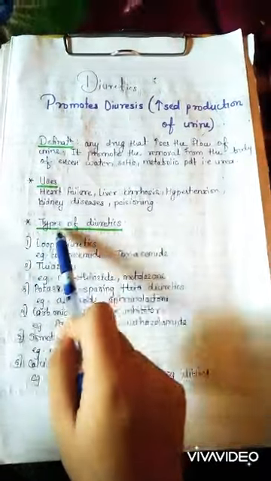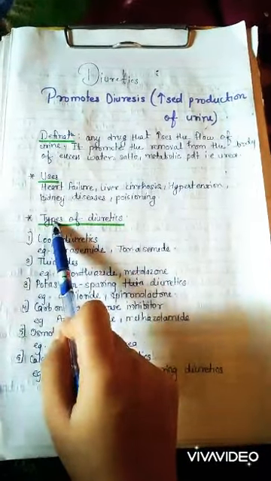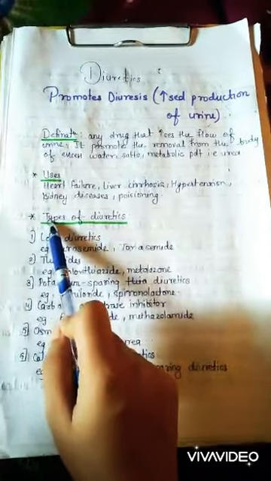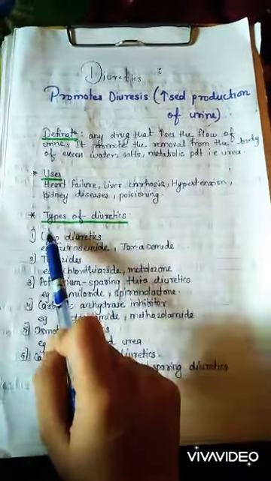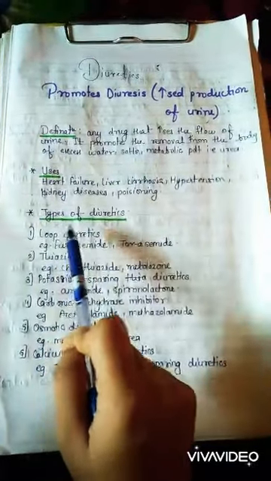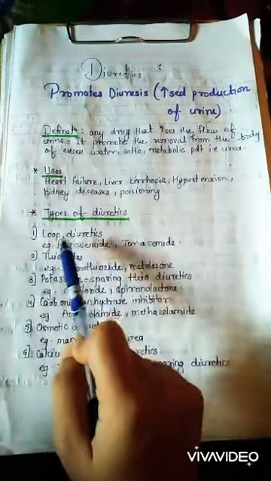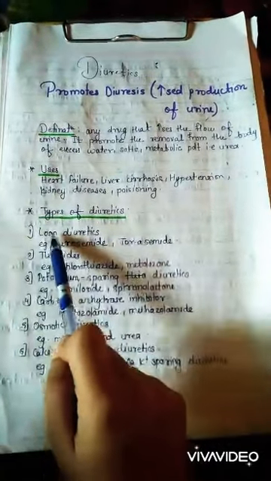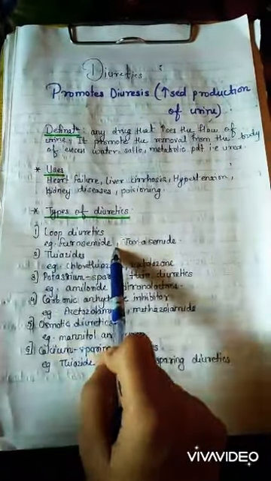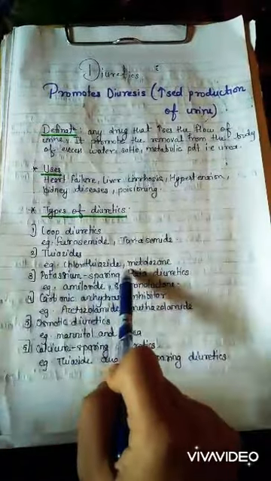Okay, so this is the classification of diuretics, which is the most important point that will be asked in your semester exam. In classification we should write the types of diuretics with minimum 2 examples, but we should also know the mechanism of that particular diuretic. Okay, so first is loop diuretic, example furosemide, torsemide. Thiazide: chlorothiazide, metolazone.